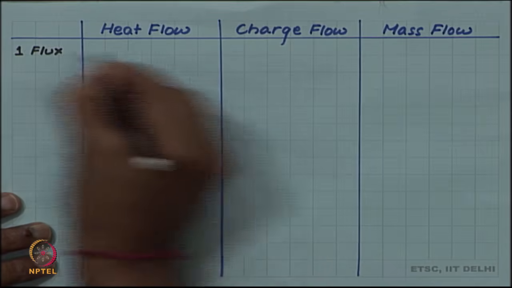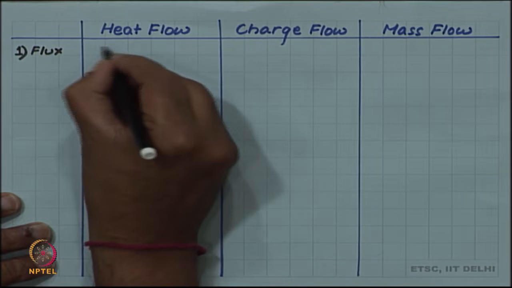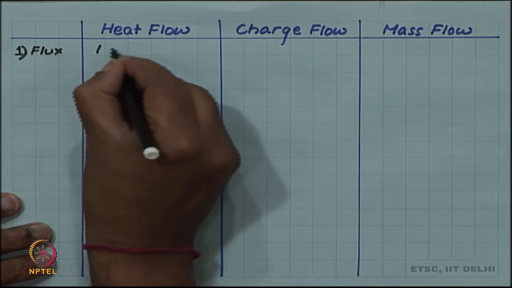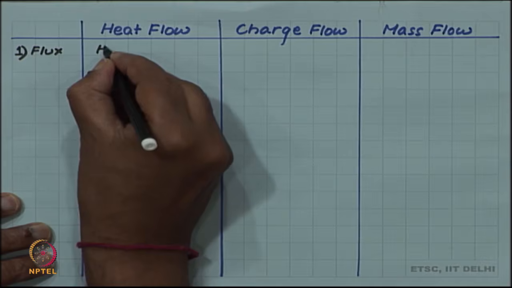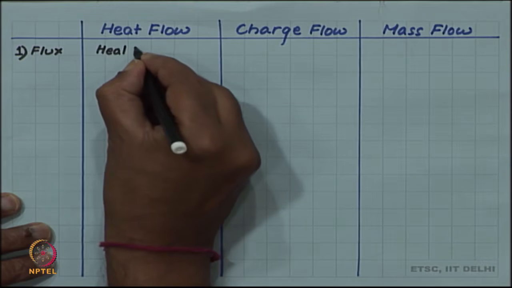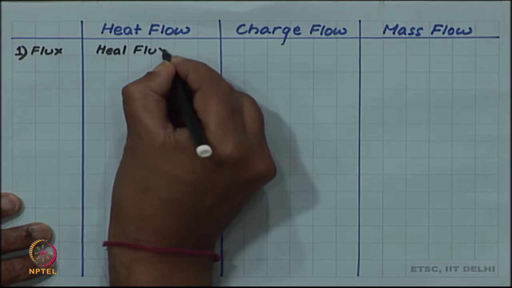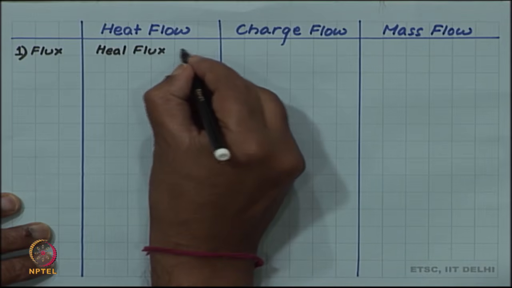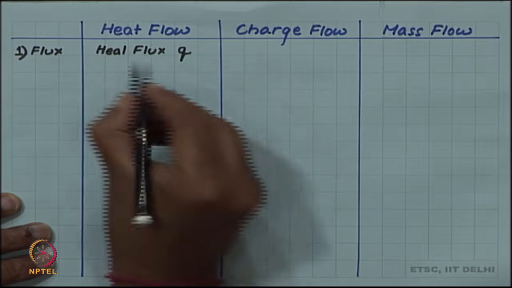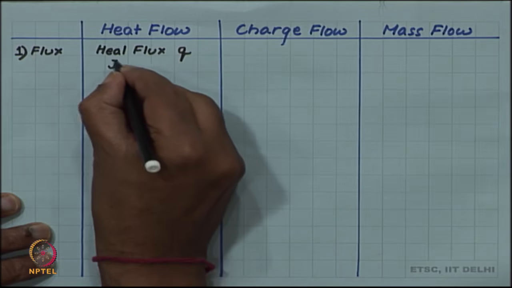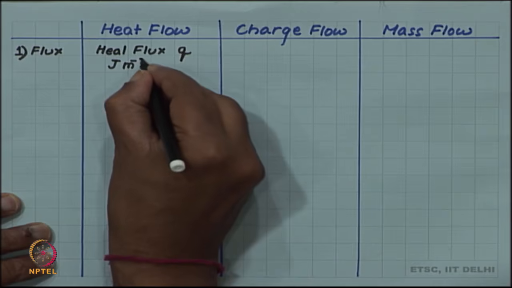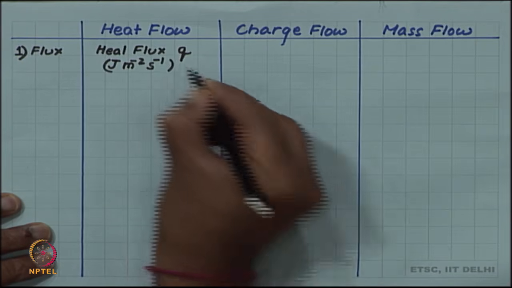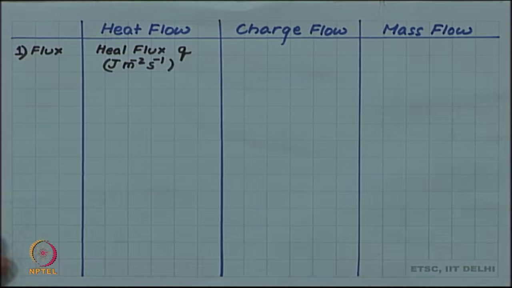What is the flux in heat flow? The flux in heat flow is the heat flux. Let us call that Q, and the unit is so many joules crossing per unit area per second. So, that is the flux in heat flow.